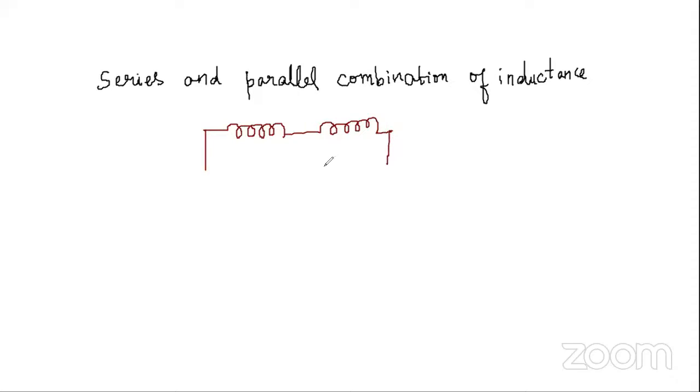So here, what is the total inductance? So the inductance of this coil is L1 and this coil is L2. The total inductance is given by Ls equal to L1 plus L2 plus or minus 2M.